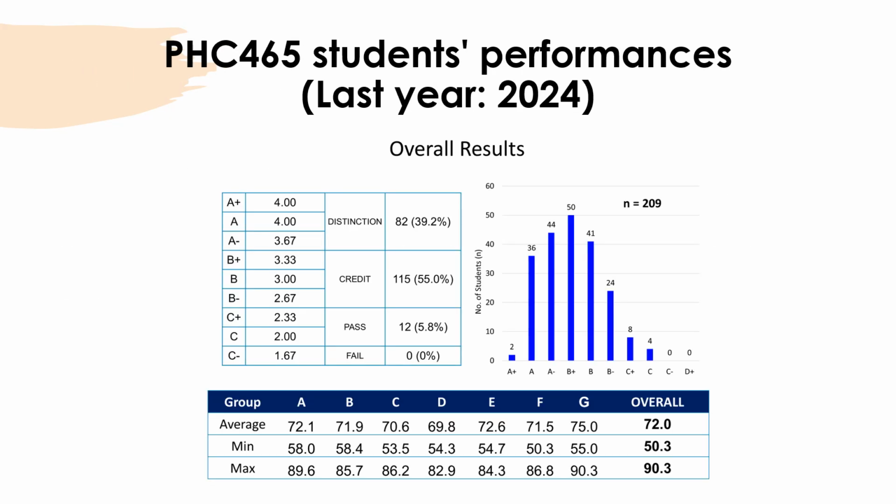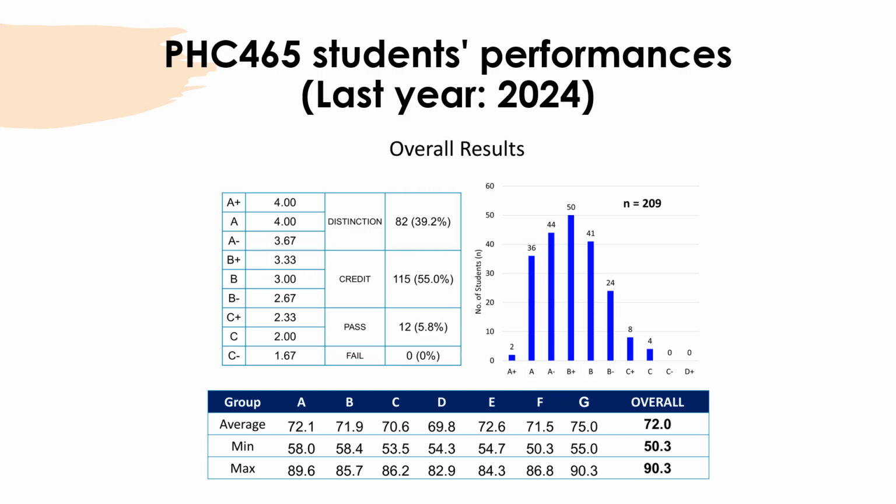With regard to the exam results, let's check last year's student performance. Out of 209 students, the majority attained Grade B plus, and 82 students managed to get grade A, which is A plus, A or A minus, also known as distinction.